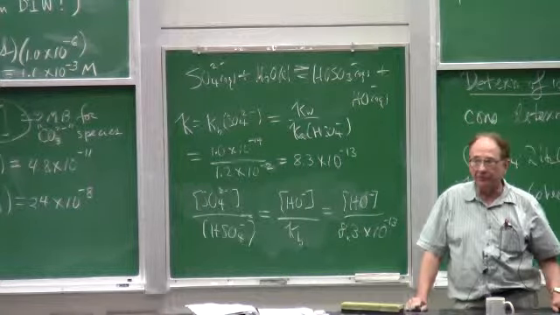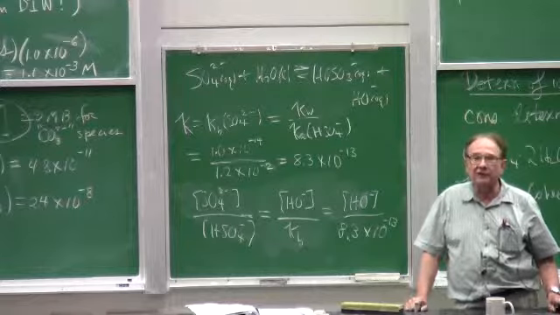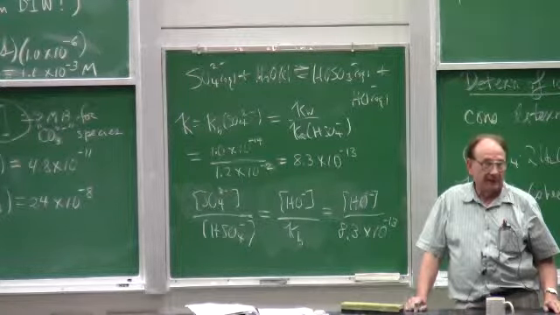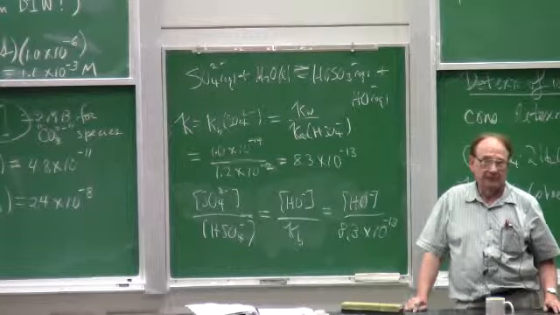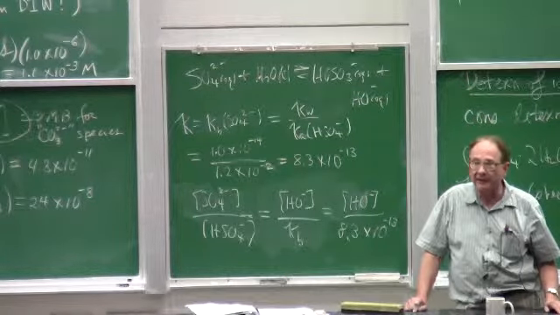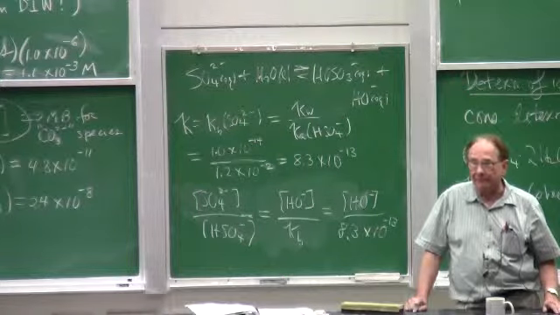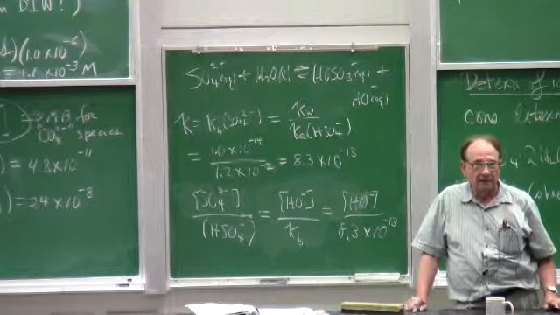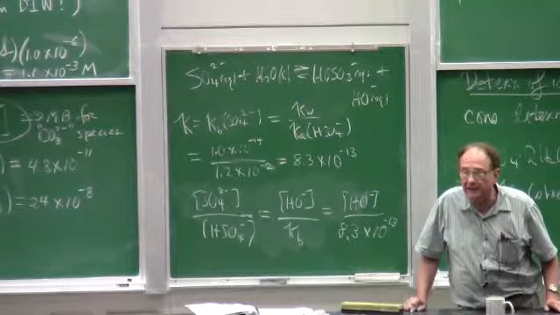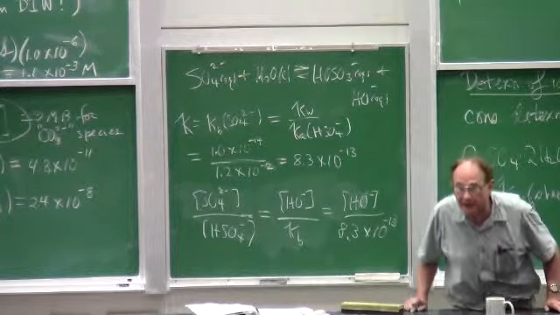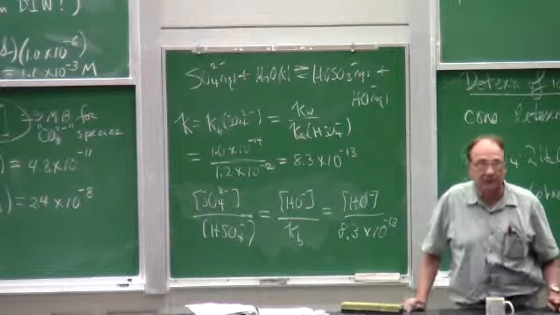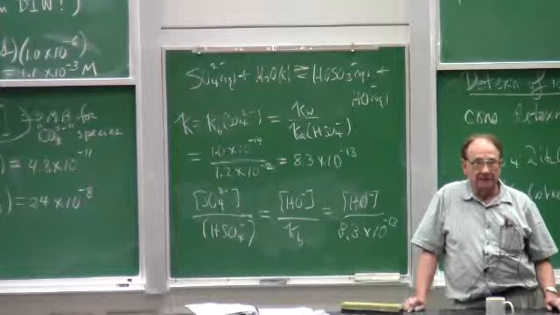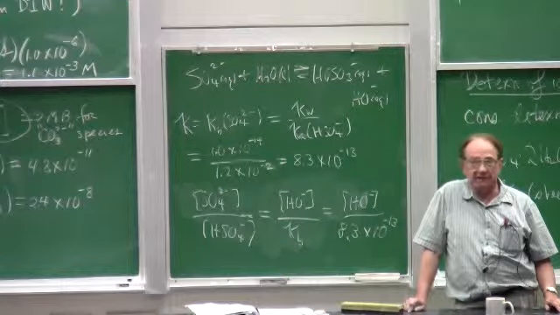And I can assure you, when I dissolve calcium sulfate in water, at the minimum, the hydronium ion concentration cannot possibly be larger than what value when I dissolve calcium sulfate in water? 1 times 10 to the minus 7.